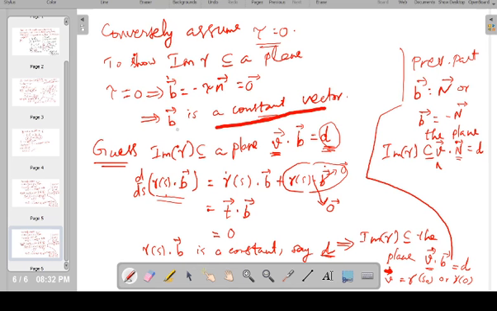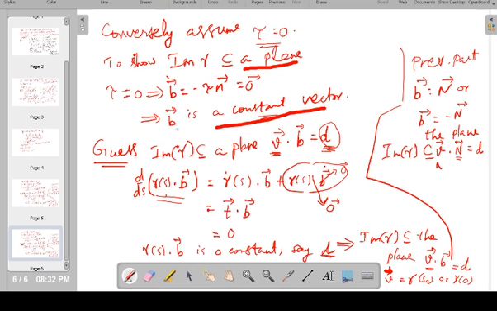From our experience from the previous part, the image of gamma was contained in the plane v dot N is equal to d. Which v, which N, which d, we have to determine all these things.